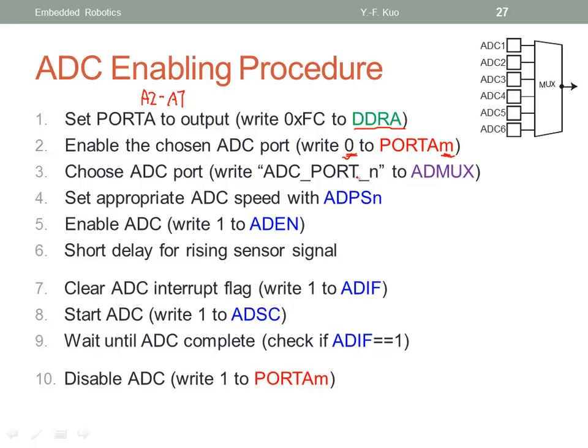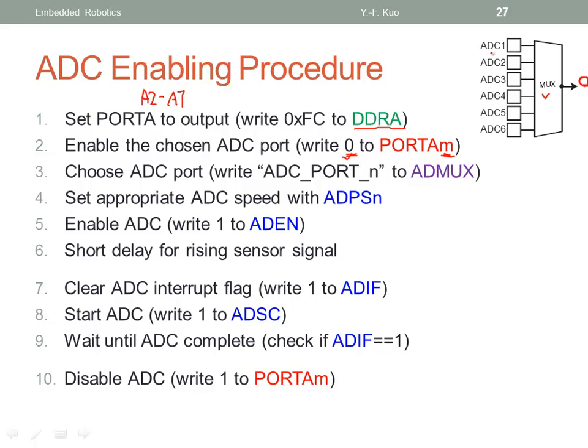Okay, and next, the sensor ports, each of them is physically connected to a multiplexer. And then the multiplexer is connected to the ADC converter, it is somewhere here. So we have to use the multiplexer to choose the pin that we are going to use.